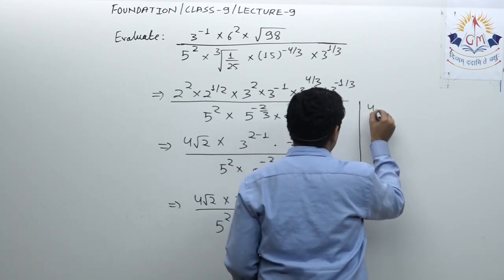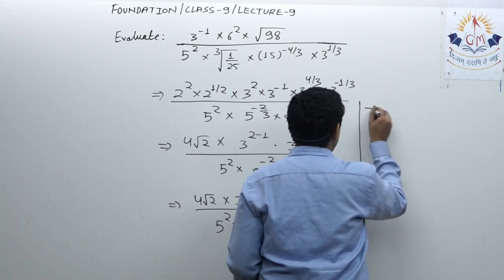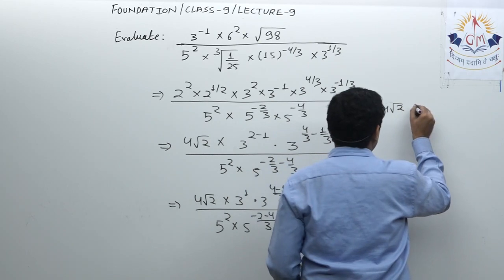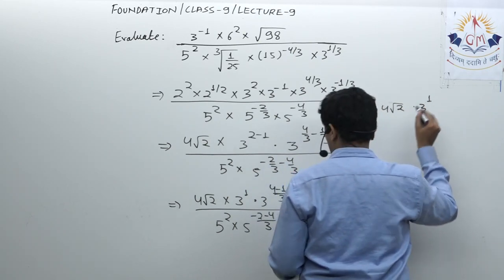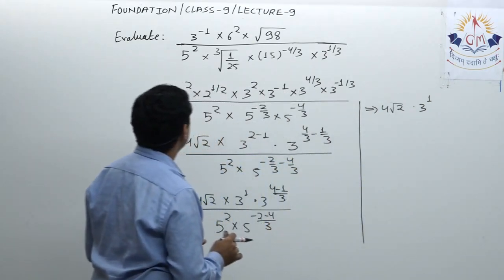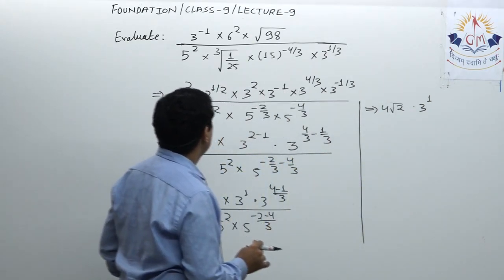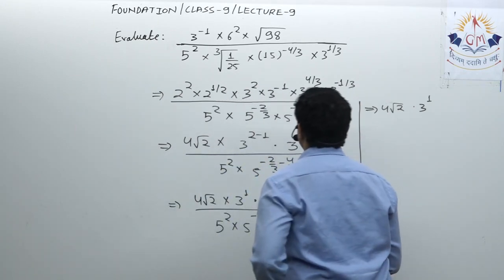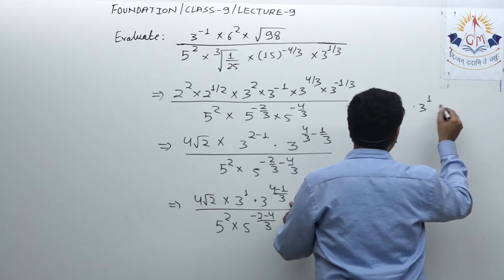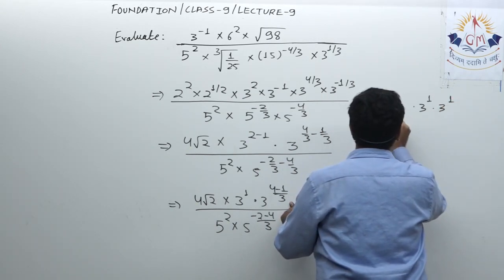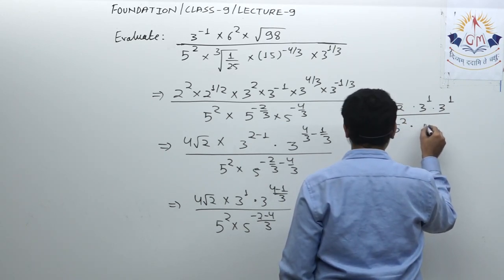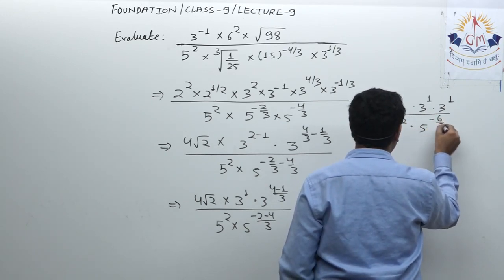So this is 4 root 2 into 3 raised to 1. Over here 3 raised to 3 by 3, that is 3 raised to 1, divided by 5 square into 5 raised to minus 6 by 3.